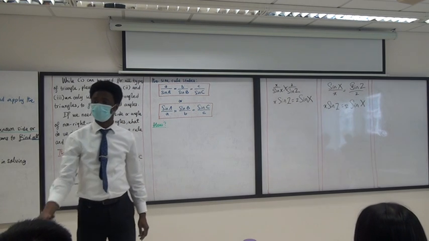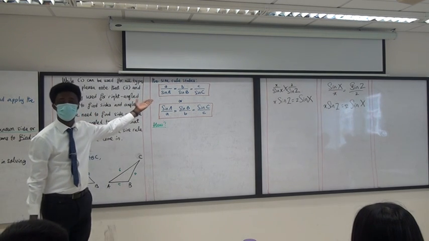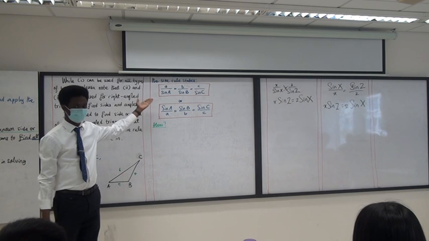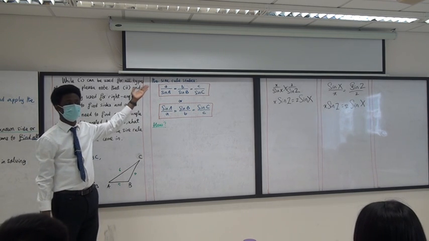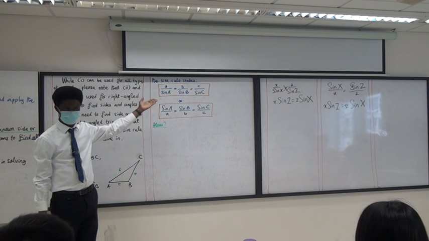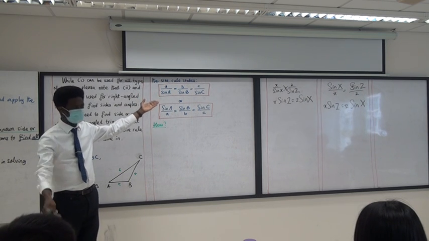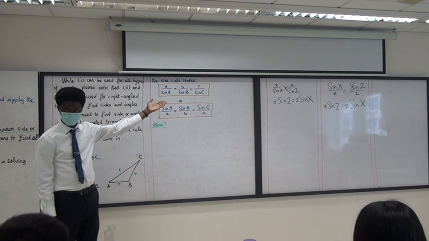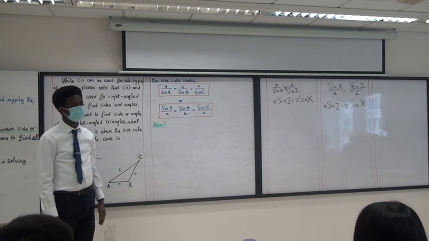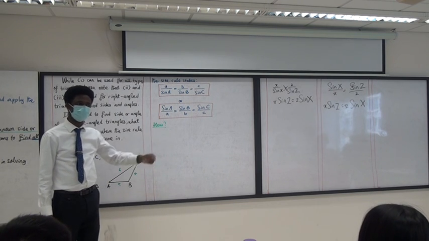So if the triangle is PQR, what will it be? P over sine P equals, speak fast and loud, equals. That's what we're saying. So don't go about writing A over sine A all the time.